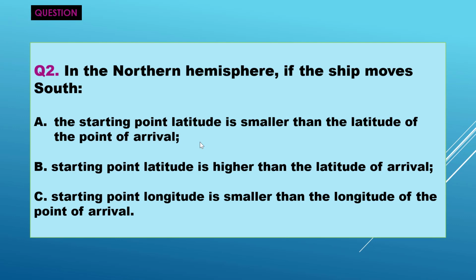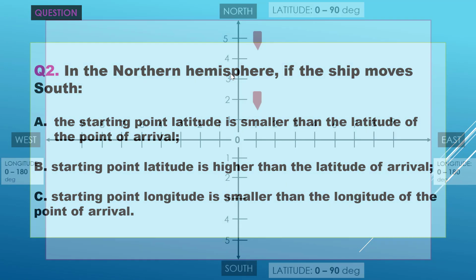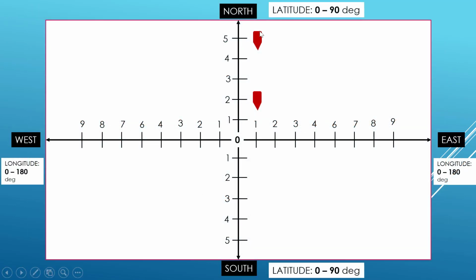And by doing so, we are going to get the right answer from the diagram. Remember, the question is in the northern hemisphere. In the northern hemisphere, the ship moves to the south. It's moving to south, not that it should move to the southern hemisphere. It moves to the south. That means our departure latitude, which is 5, is greater than our arrival latitude, which is 2 degrees.